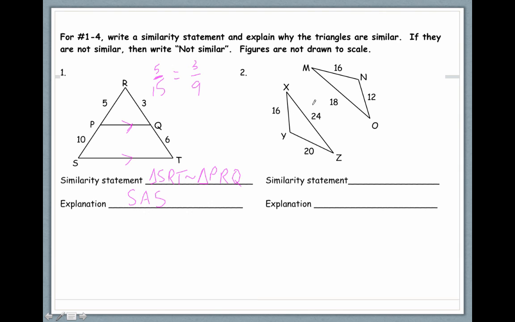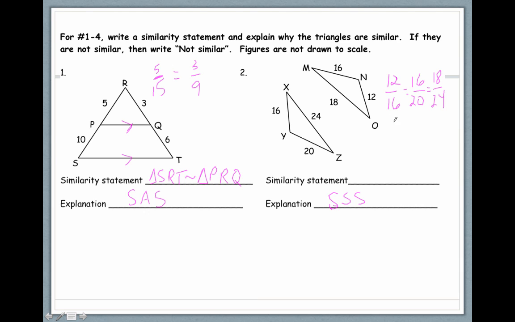Okay, so this one we need to check proportionality again. So our only opportunity is maybe SSS. So we want to take the smallest, 12, over the smallest, 16. Next one, 16 over 20. Next one, 18 over 24.